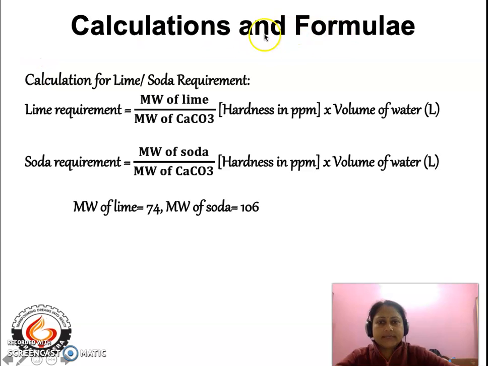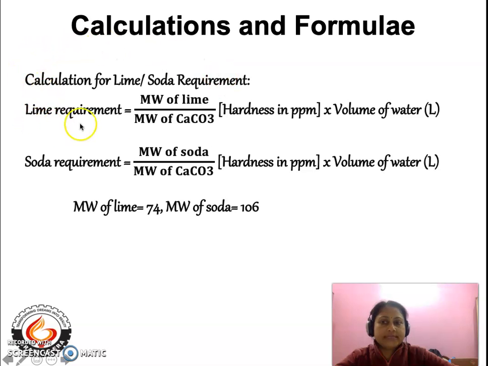So let us in this slide see what are the formulas that have to be kept in mind before we start solving the numericals. So here you can see that it's written here calculation for lime soda requirement. That means how much amount of lime or soda is required to remove the hardness present in our water sample.